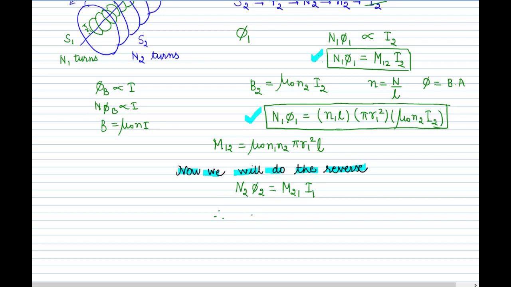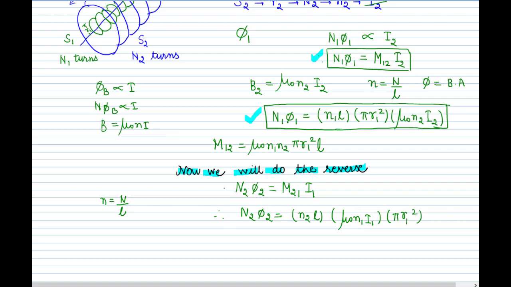Now we can write down N2 phi2. Since small n is equal to capital N upon L, capital N will be small n into L, so this will be N2 into L. And phi2 will be B into A. The magnetic field is due to the first coil because the current is in the first coil, so mu naught N1 I1 upon L, since the solenoid has mu naught n i, and the area is pi R squared.